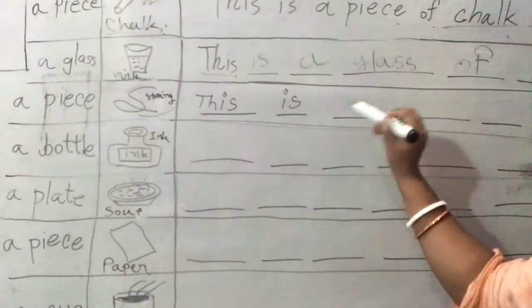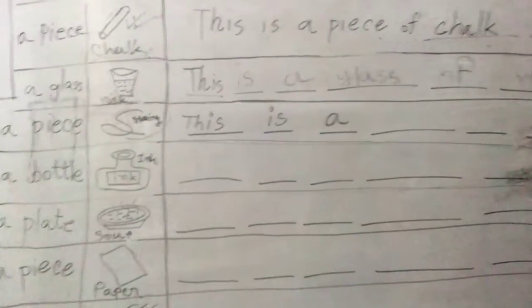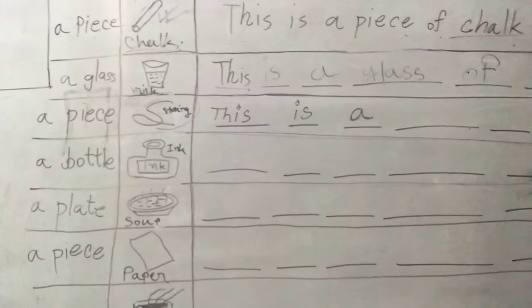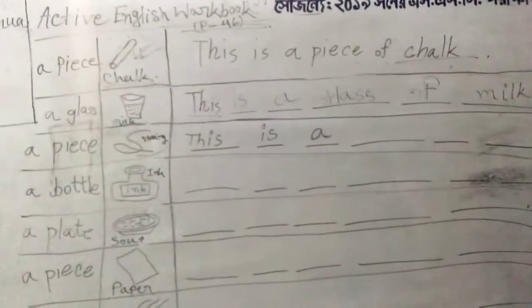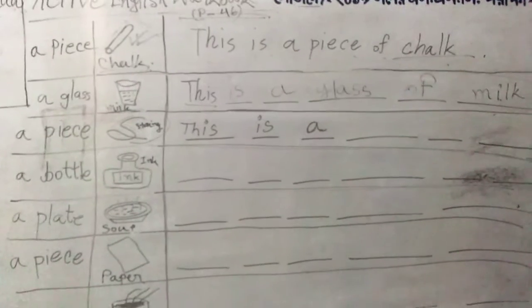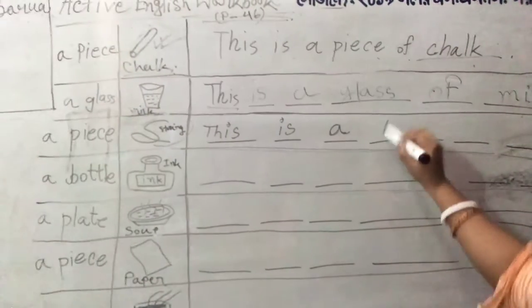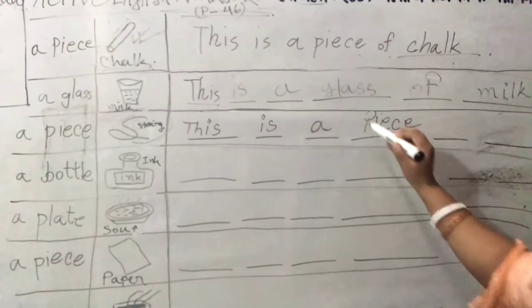So this is a. Why have I put a here? Because you know that we have already learned about articles. We learned where a is to be used and where an is to be used, and the use of the. Didn't you learn? Of course you learned it. So here, see, this is a peach. Again you can relate it to the article.